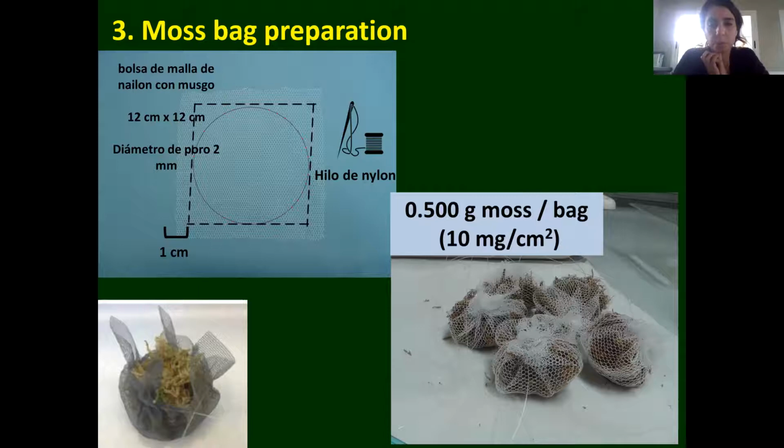So it's not important only the amount of moss inside the bags, but also the ratio with the surface of the bags. We simply use a nylon net with a specific pore diameter, and practically by hand, we prepare these moss bags.